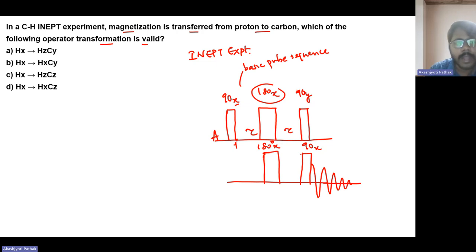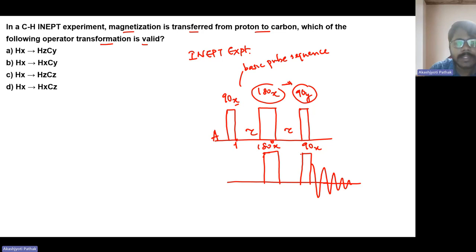Then the following 90-degree y pulse, applied on the A spin, will put these transitions along the plus Z and minus Z axis. If you are following what I'm saying along with the right hand thumb rule, this is what is actually happening.